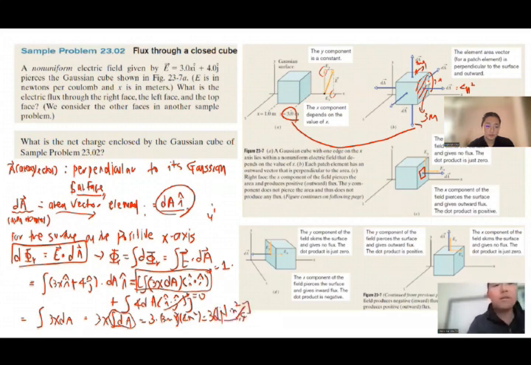Okay, that is the flux of that face of the Gaussian surface with Gaussian cube. And now with that idea, let's estimate the flux on the left face and the top face too.